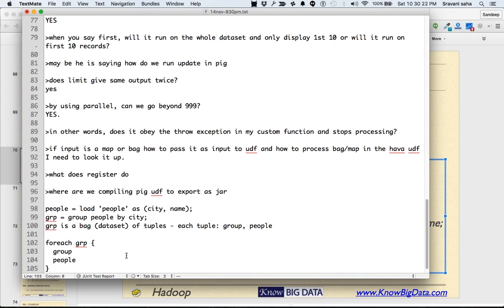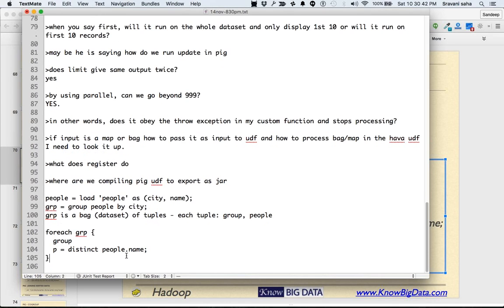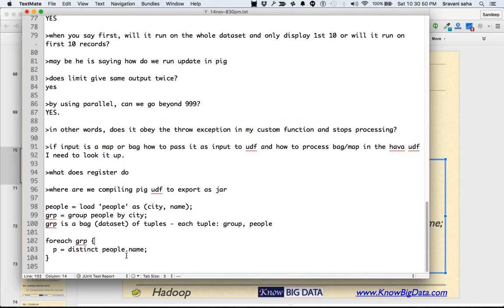Okay, now you could do things like distinct on people, p equals distinct people.name. And then you could do other things as well. Similarly, you could do the same in case of a group.